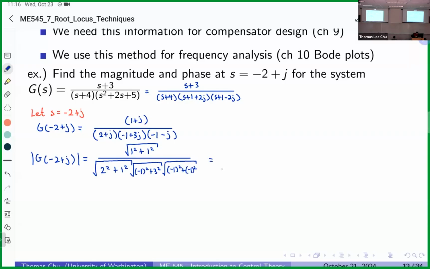Which is equal to 1 over root 50, or 1 over 5 root 2. So that's the magnitude evaluated at that point.